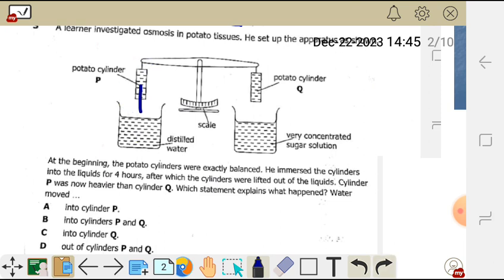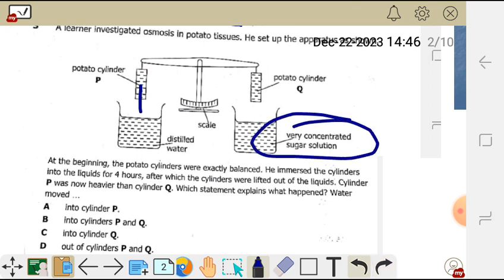If you place a potato cylinder into distilled water, which is a hypotonic solution, water will move from the beaker into that cylinder. That's why potato cylinder P was heavier.